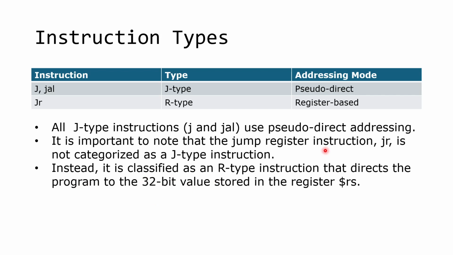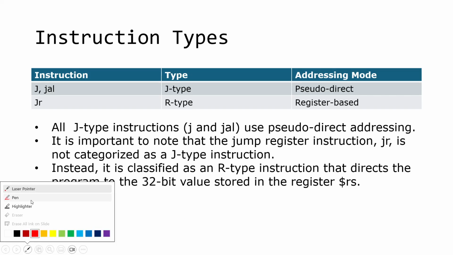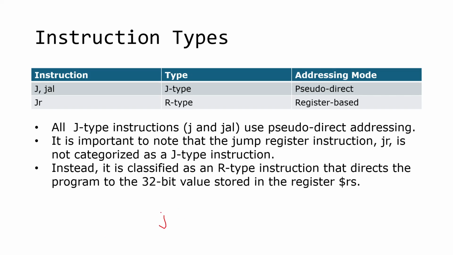JR is mostly used to return to the previous location. Most of the time the command used is JR, jump register, followed by the register address, for example dollar RA.